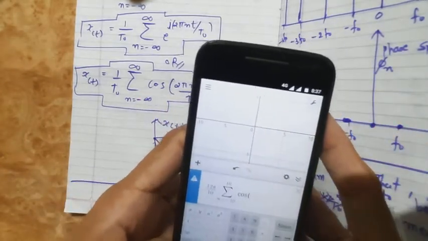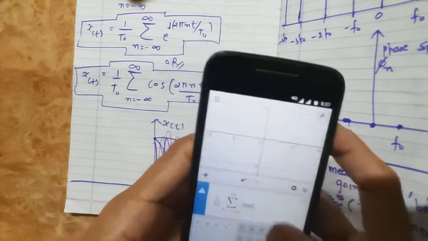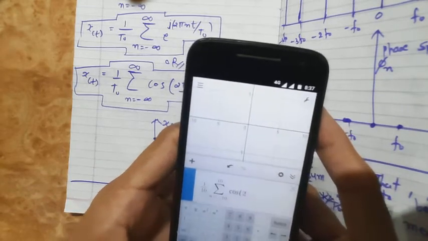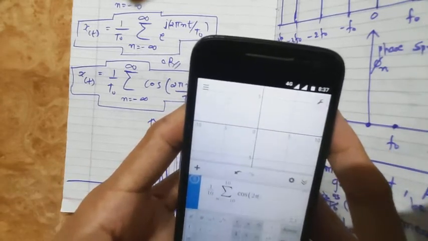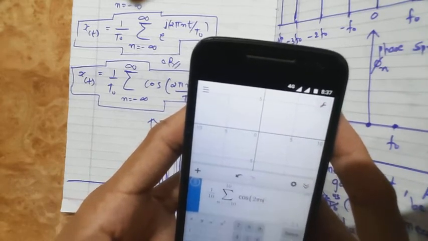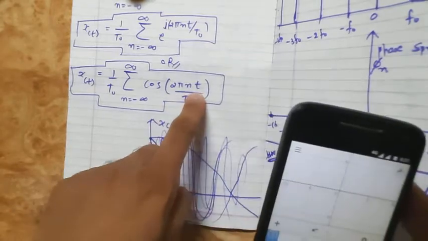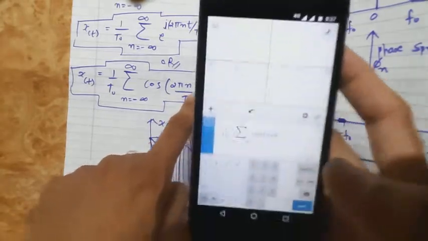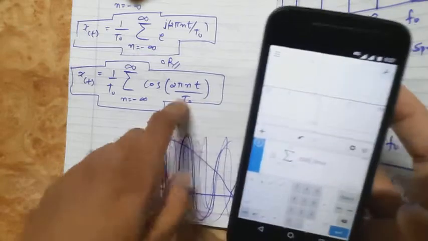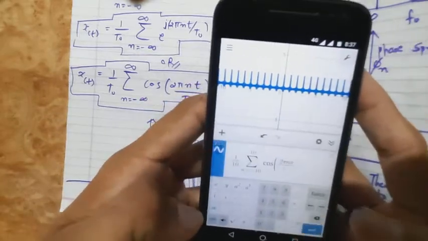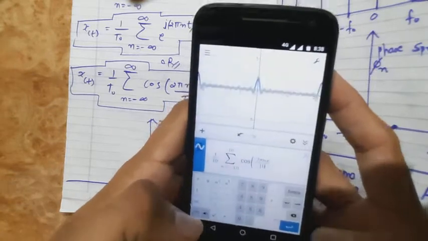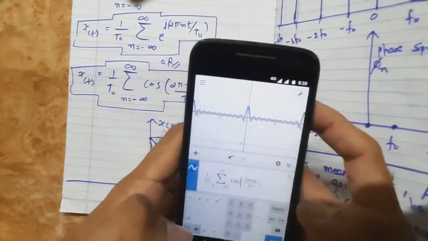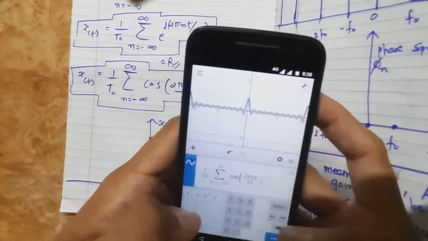Cos 2 pi nt, and here for t we have the variable t, but in Desmos we will have a variable x, so x divided by t0, which is 10, and you see already what is happening here.